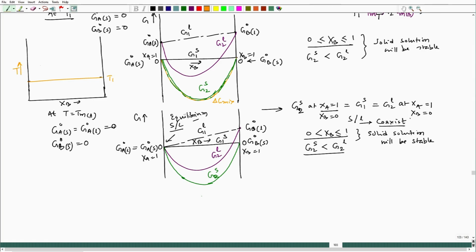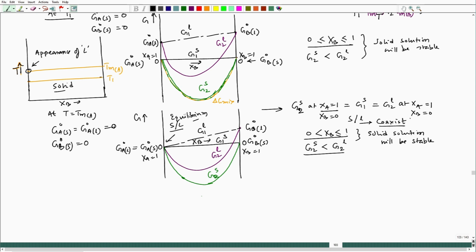At T1 everything was solid. Now we have come to TMA, and at this location I will see the appearance of liquid. Here everything would be solid. So on a temperature-composition plot, I can see the stability of solid and liquid over the entire composition range.